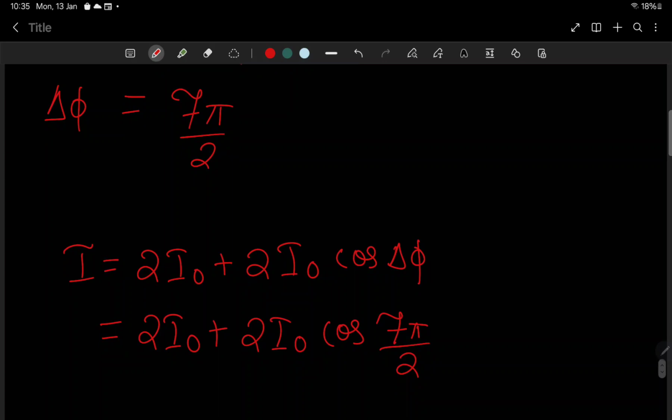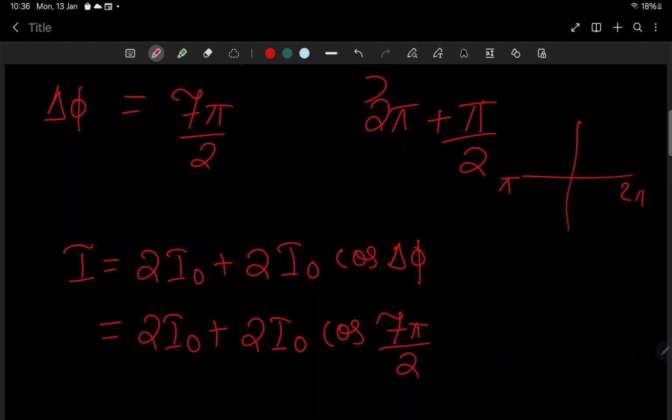Let me check. 7 pi by 2 means 3 pi plus pi by 2, that is pi, 2 pi, 3 pi, plus pi by 2 here.